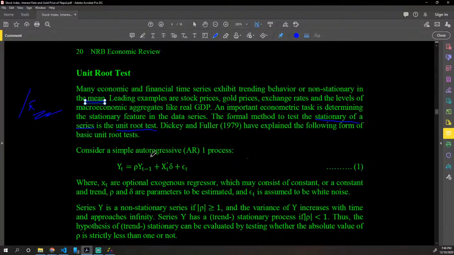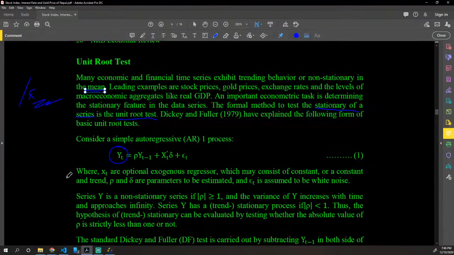Consider some autoregressive one process, so yt equals rho yt minus 1 plus xt, where xt are optional exogenous regressors, which may consist of a constant, or a constant and trend, and rho and the other symbols are parameters to be estimated, and the error is assumed to be white noise, okay?